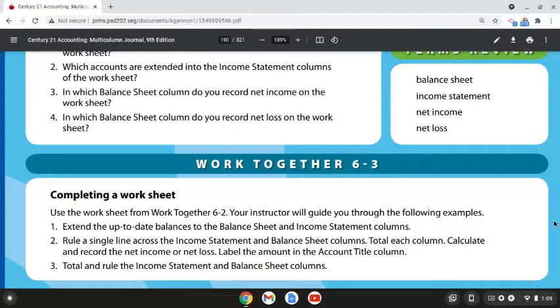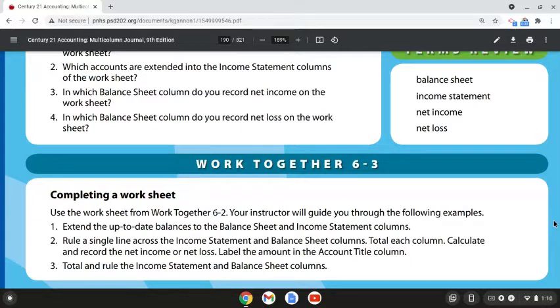But anyway, today I will be going over the 6-3 work together, where we will be completing a worksheet. So the instructions say, use the worksheet from work together 6-2. Your instructor will guide you through the following examples. Number 1, extend the up-to-date balances to the balance sheet and income statement columns.